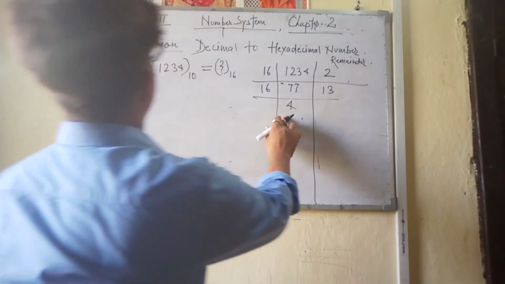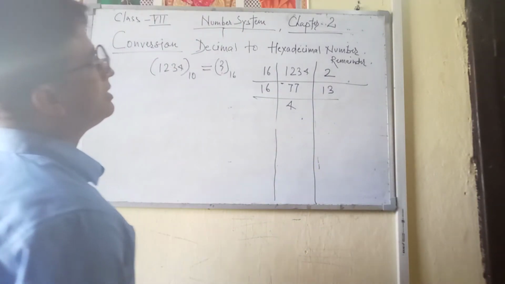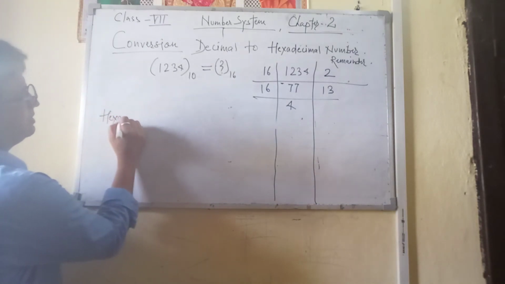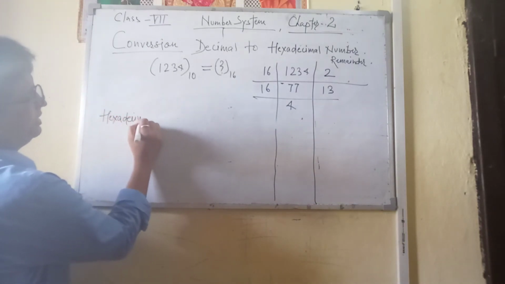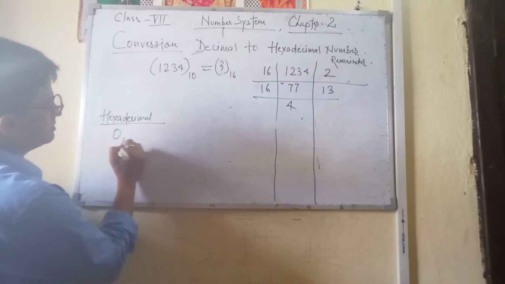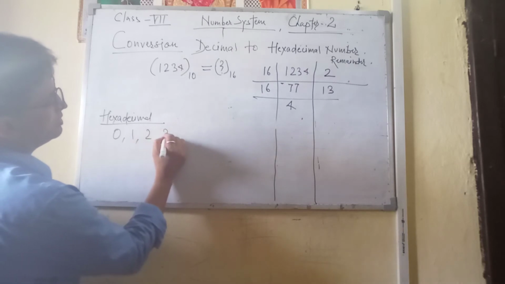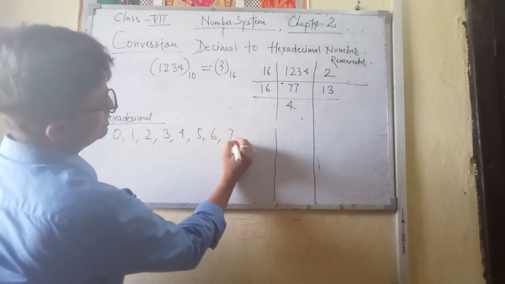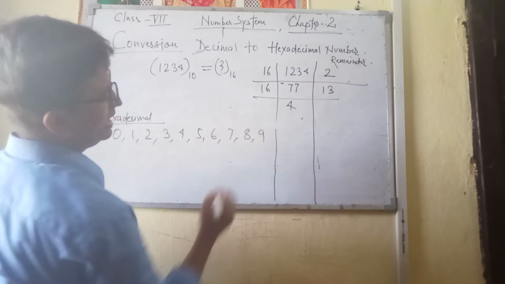Now this part is over. Now what to do? As I told you, in hexadecimal the numbers are 0, 1, 2, 3, 4, 5, 6, 7, 8, 9.